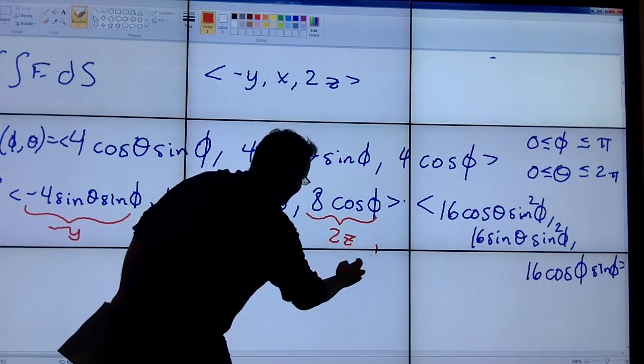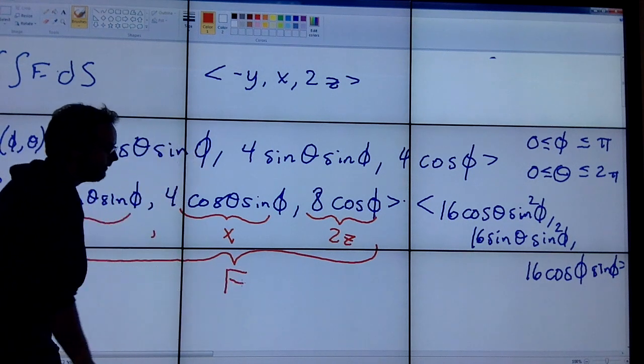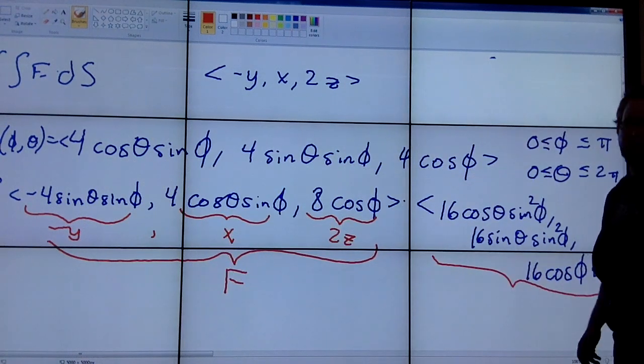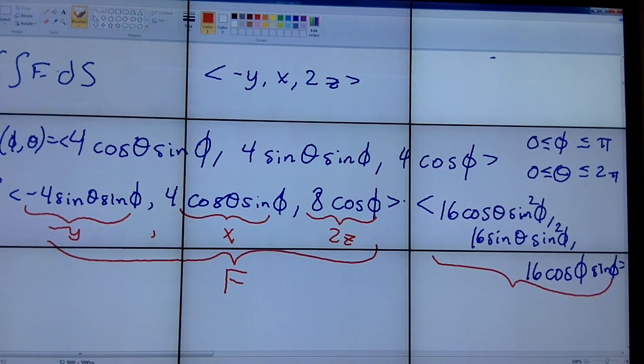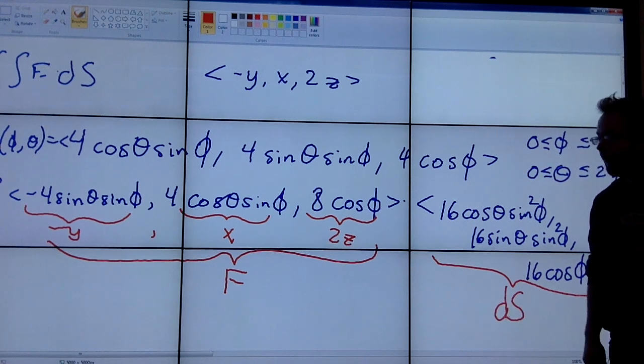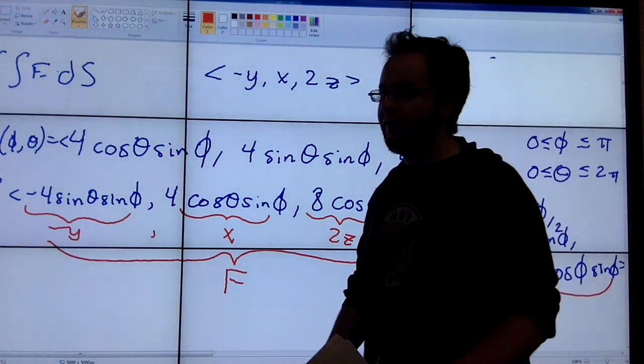Together this makes the vector field, which is called F. And what is this guy? That's dS. So this is indeed the original F dot dS. It's always important to see where you're coming from, where you're going, and how you got there. Perfection is a lot of little things done correctly.